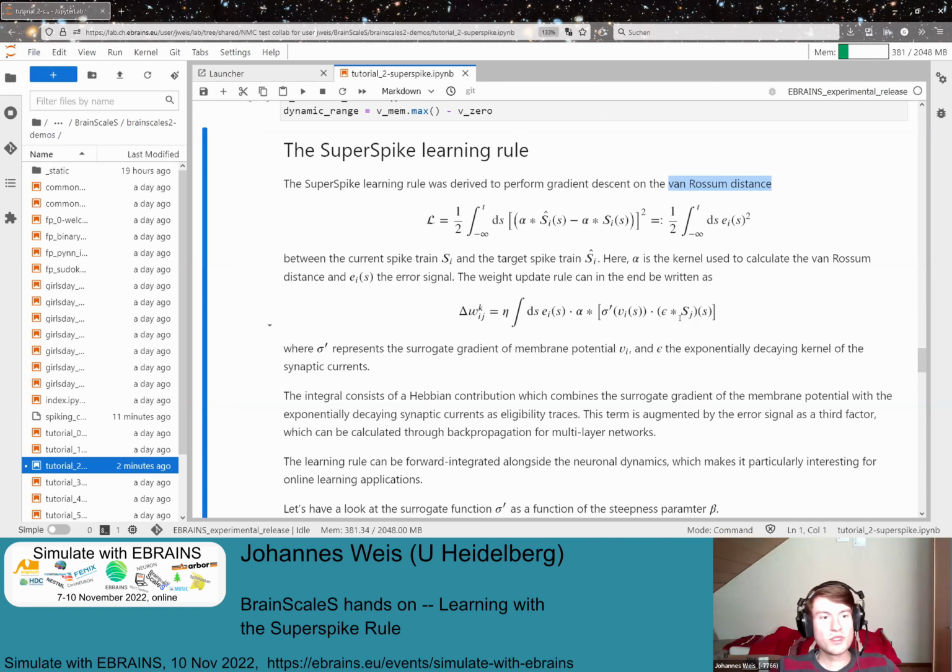So this convoluted with some kernel is a measure of the synaptic current that is arriving from synapse j at this neuron i. And this is now multiplied with the membrane potential Vi on the neuron, or a gradient of this.